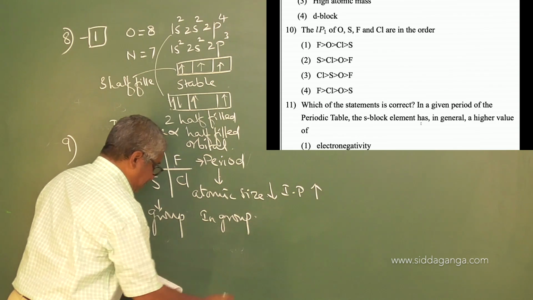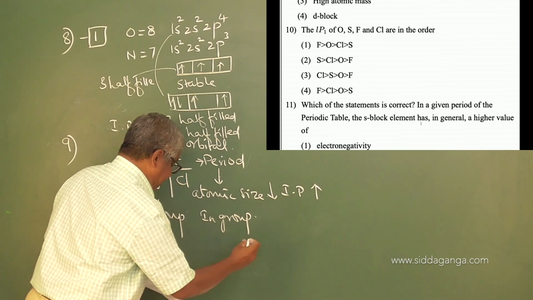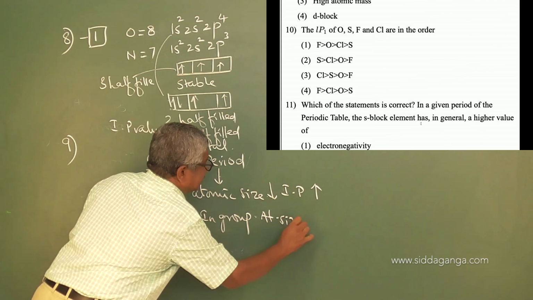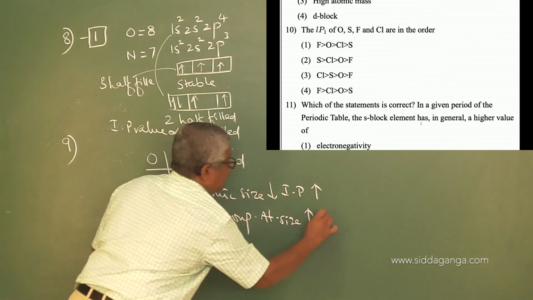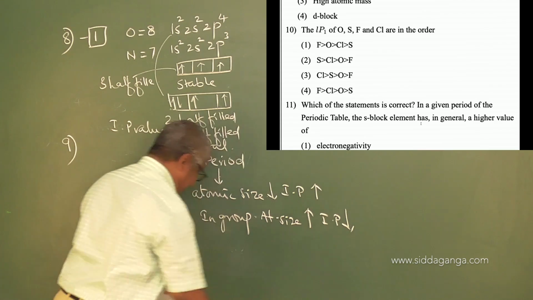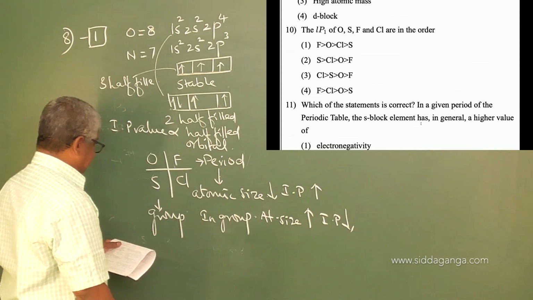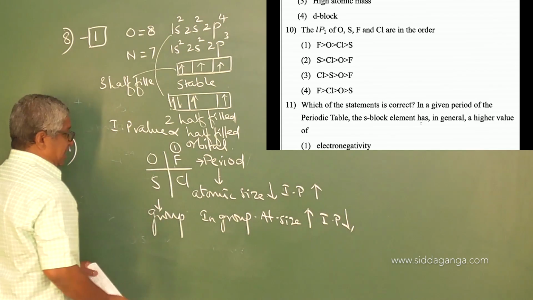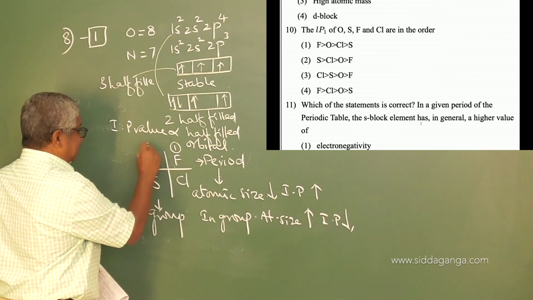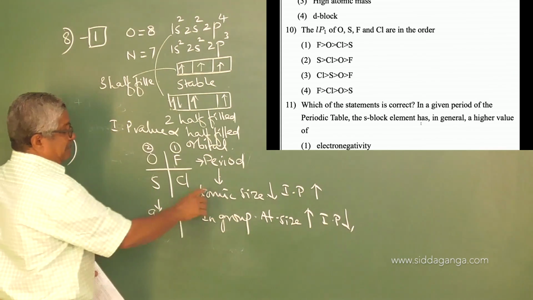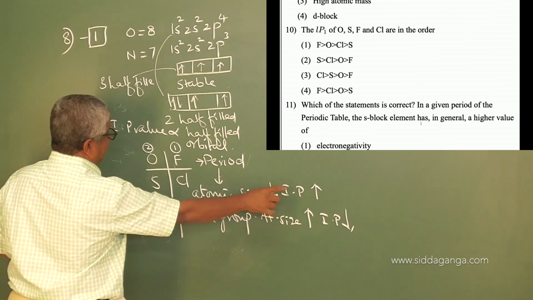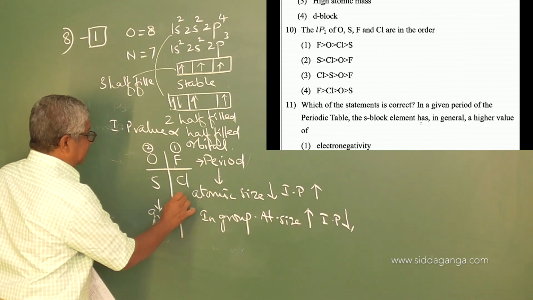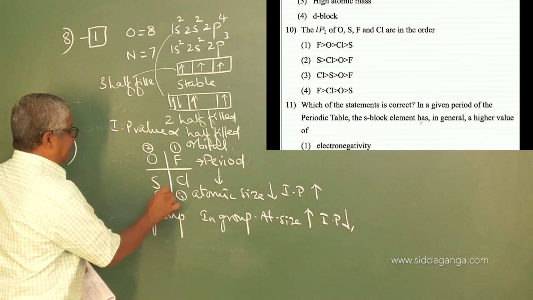In group atomic size increases, IP value decreases. ಈ ಕೇಸ್ ನಾವು ನೋಡಿದೀವಿ ಅಂದ್ರೆ, so the first place goes to fluorine, second for the oxygen. period ನಲ್ಲಿ atomic size decrease ಆಯ್ತಂದ್ರೆ IP value ಜಾಸ್ತಿ ಆಗುತ್ತೆ. Then chlorine gets third and sulfur gets the fourth.